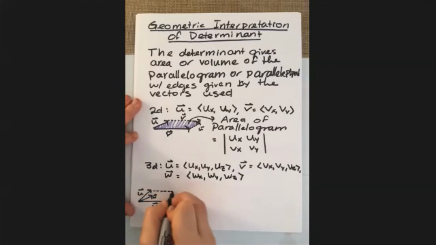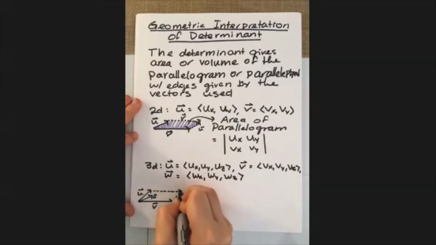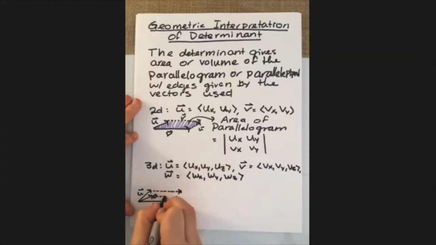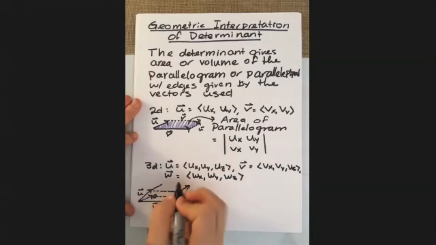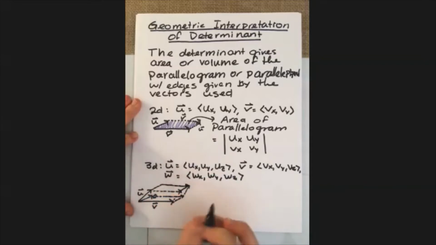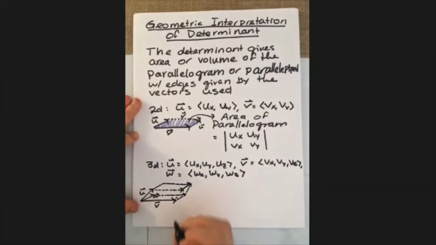It would look something like this. This drawing may be a little bit rough, but basically we define a few more copies of the vectors that we're starting with, and we wind up with this three-dimensional solid that has edges whose lengths are given by u, v, and w.